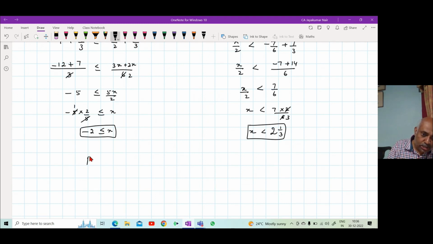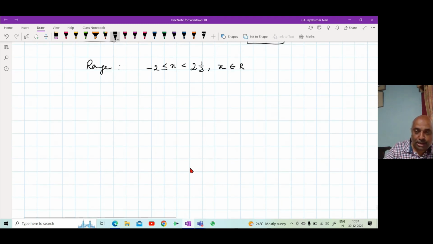Now, what is the range? Range is x is greater than or equal to minus 2, less than 2 1 over 3, and x belongs to real number. They are asking you to represent the solution set on the number line.